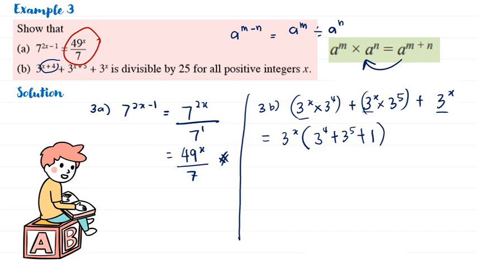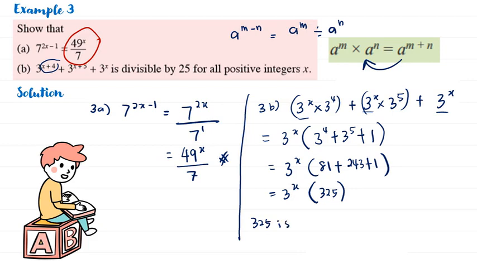Then you solve this one in the bracket, you press the calculator, or you just solve one by one. 3 to the power of 4 is 81, plus 3 to the power of 5 is 243, plus 1. So 3 to the power of x in bracket 325. If we notice here, 325 is a multiple of 25.